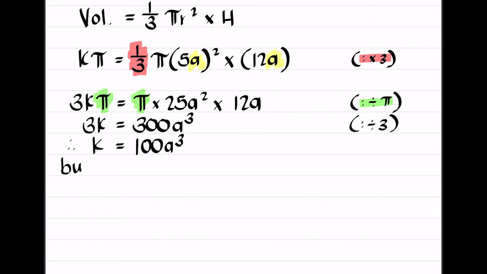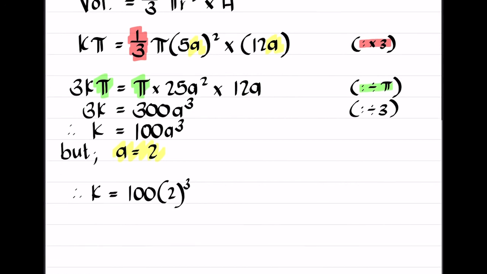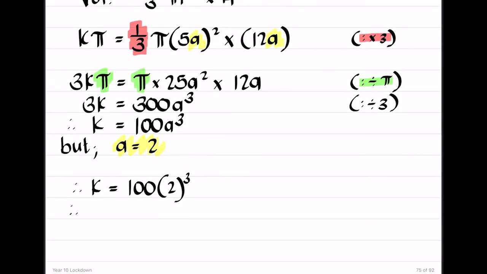But we have determined that a is equal to 2. So in place of the a, I'm going to put 2 cubed. Therefore, k is equal to 800.